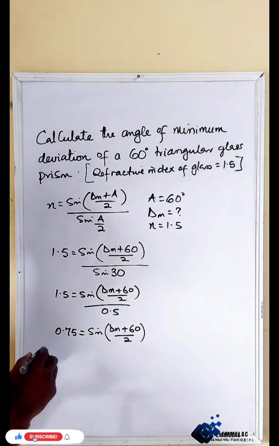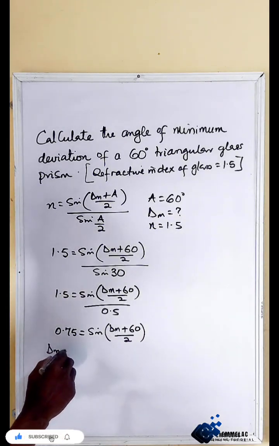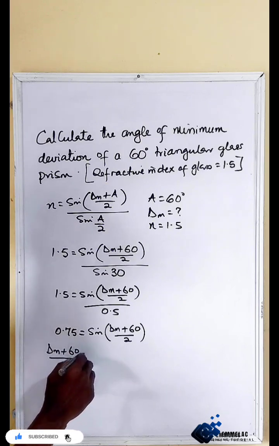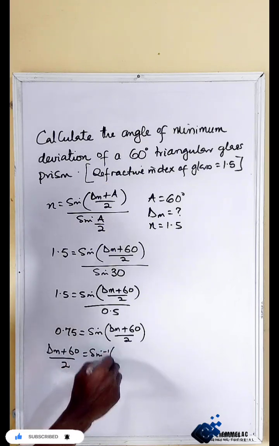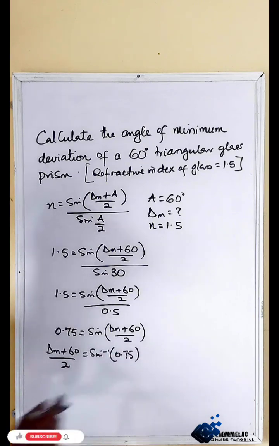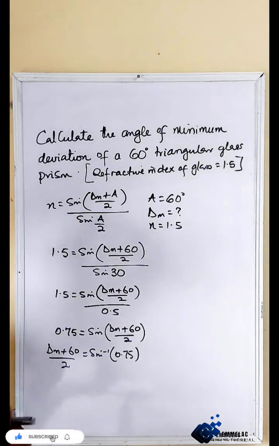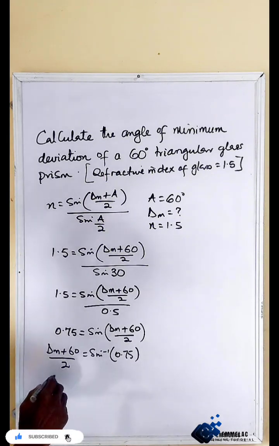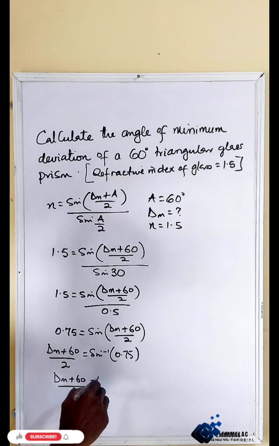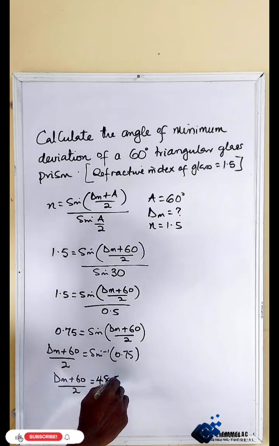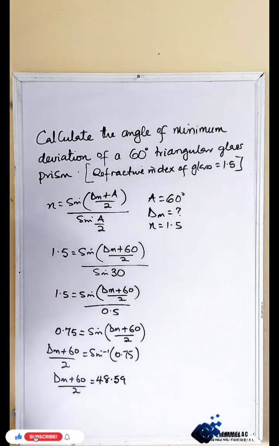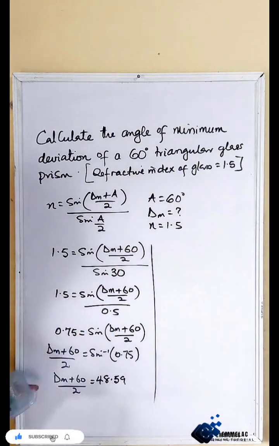So dm plus 60 all over 2 equals the inverse sine of 0.75, which will give us 48.59. So here you have dm plus 60 all over 2 equals 48.59. When we cross multiply, we're multiplying by 2 on both sides.